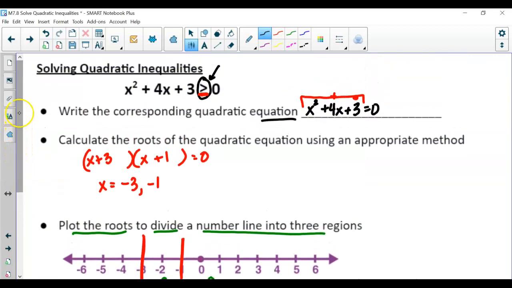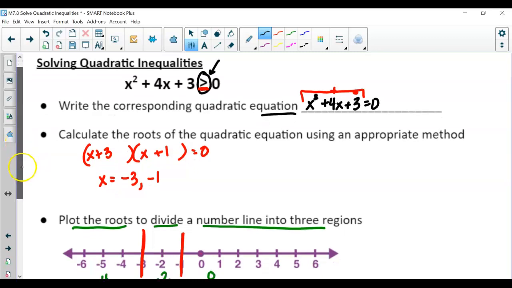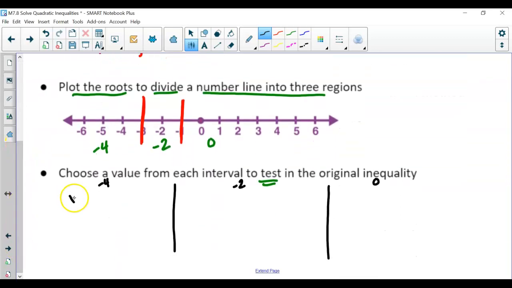So we're going to use now the original x squared plus 4x plus 3. And we are going to substitute -4 in for x. So this is -4 squared plus 4 times -4, then plus 3.